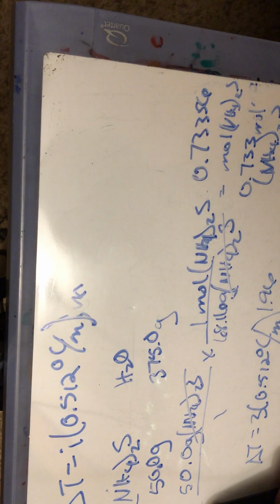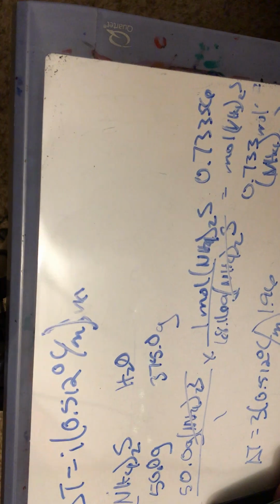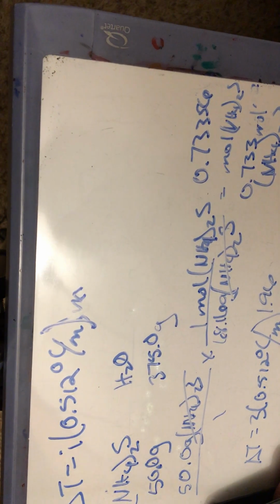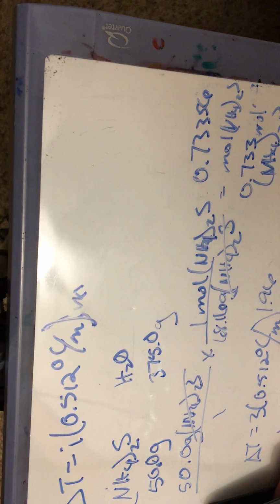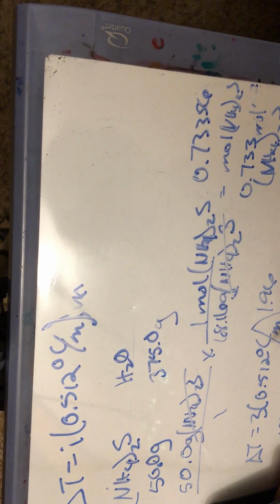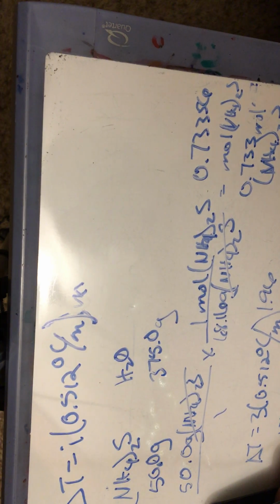And now we're going to multiply that by our numbers here. And then I see a delta change of 3.01056, which means a delta change of 3.